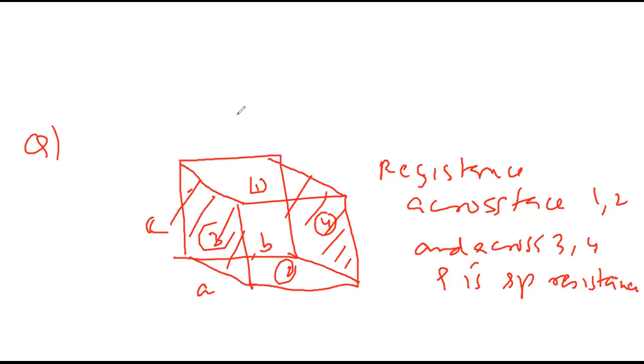See, when you want it between face 1 and 2, the current will go between 1 and 2 like this. So the resistance between 1, 2 is rho. Length is always along the current.